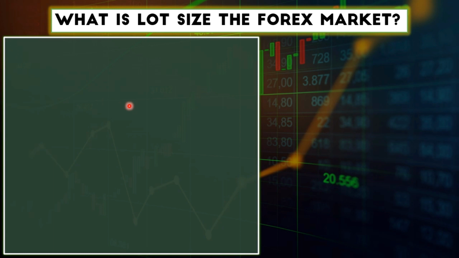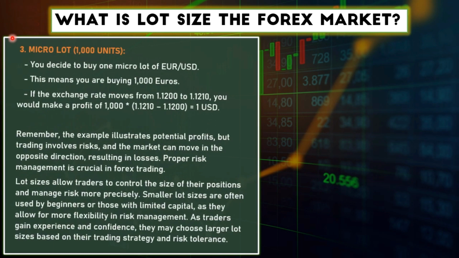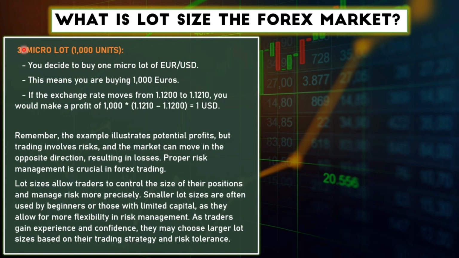Let's move to the micro lot. You decide to buy one micro lot of euro USD. This means you are buying 1,000 euros. If the exchange rate moves from 1.1200 to 1.1210, that means 10 pips added to this, depending on whether you buy or sell, and you make a profit.